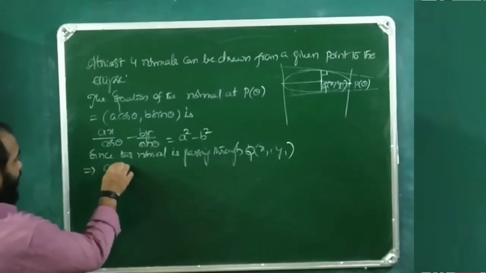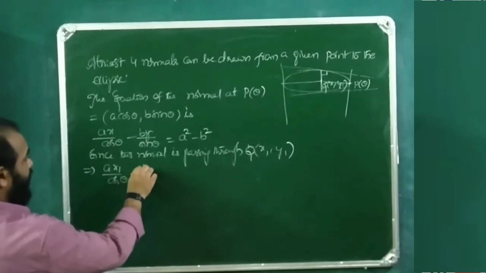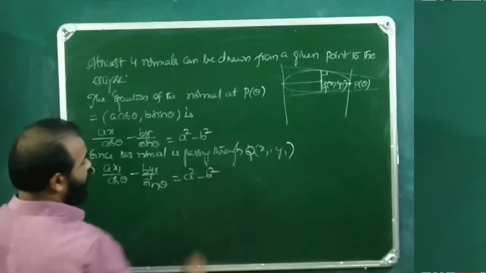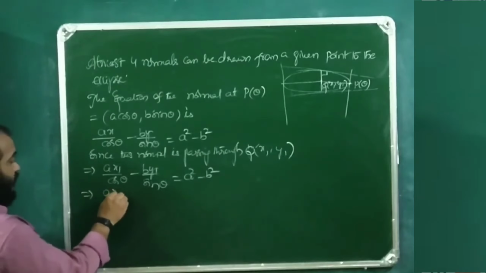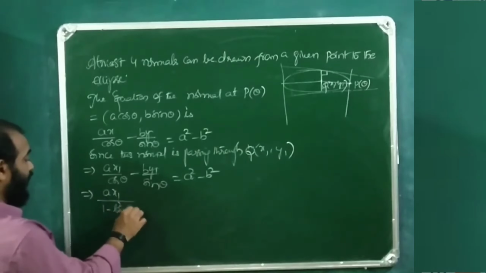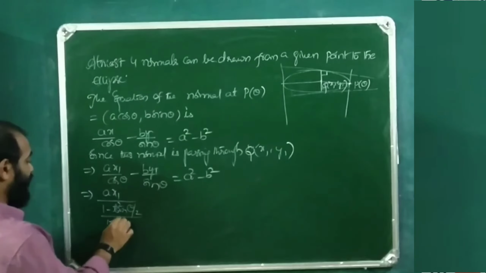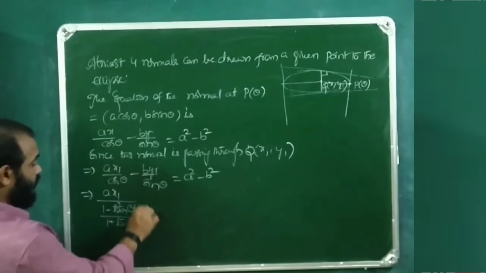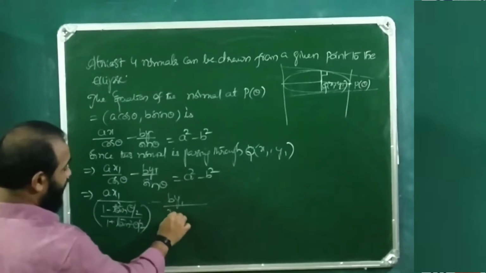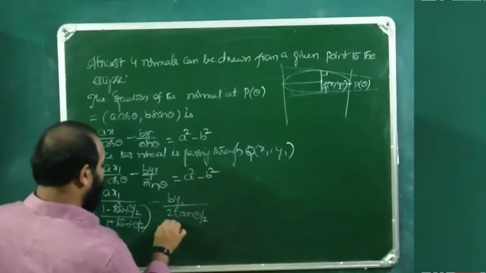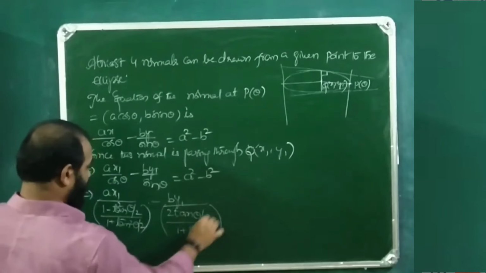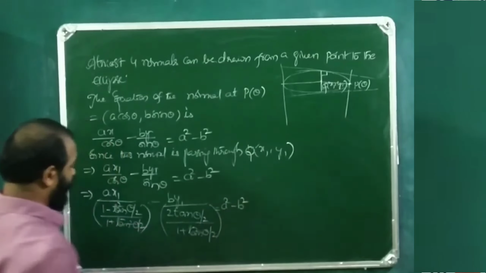So this is ax1 by cos theta minus by1 by sin theta is equals to a square minus b square. So this is ax1 by cos theta in terms of tan theta is 1 minus tan square theta by 2 by 1 plus tan square theta by 2 minus by1 by sin theta is 2 tan theta by 2 by 1 plus tan square theta by 2 is equals to a square minus b square.